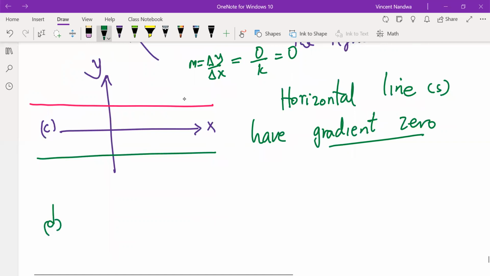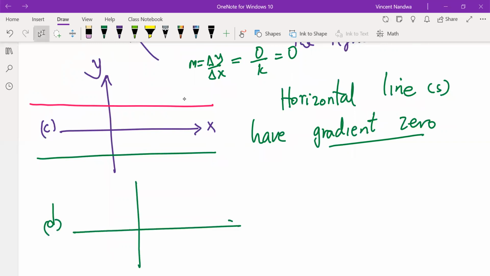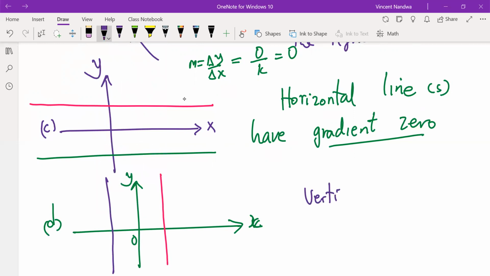D, if this is the x and y axis, now if we have a vertical line, so vertical lines do not have slopes.